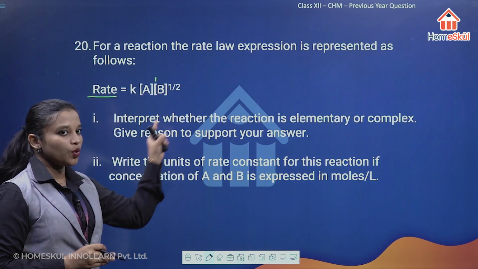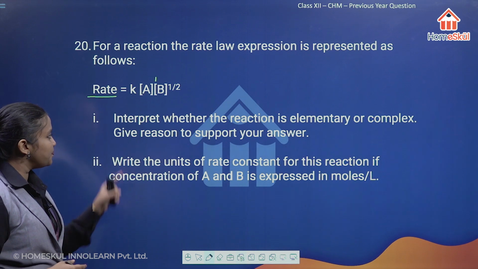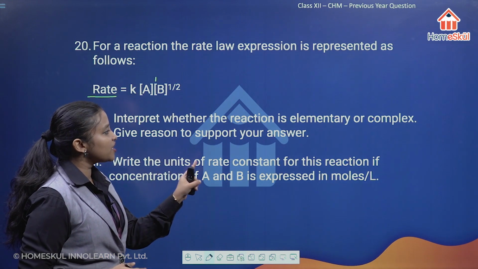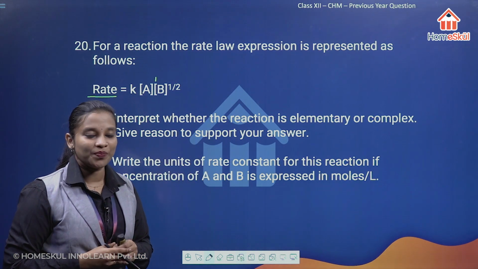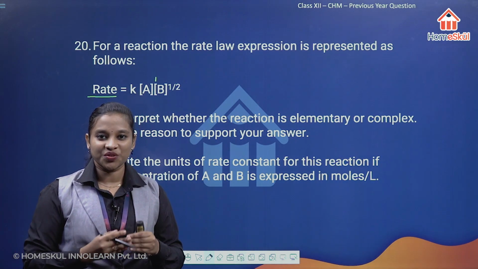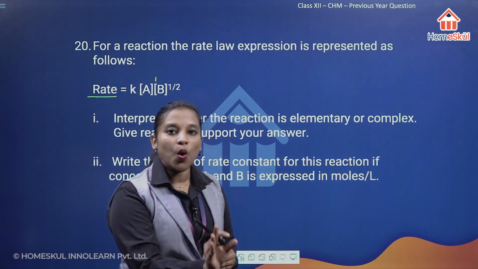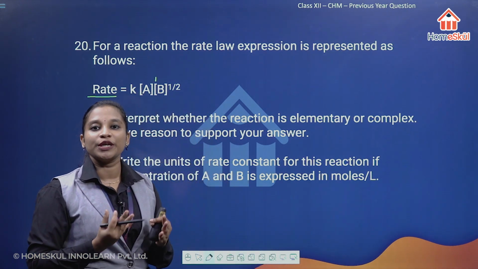Okay, this is the rate-law expression for a particular reaction. Now, we read the first question. Interpret whether the reaction is elementary or complex. Give reason to support your answer. Okay, students, we know that for an elementary reaction, its order will be equal to its molecularity.